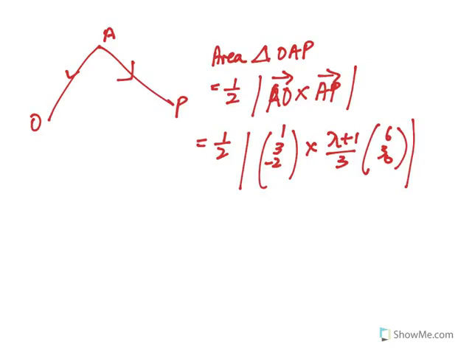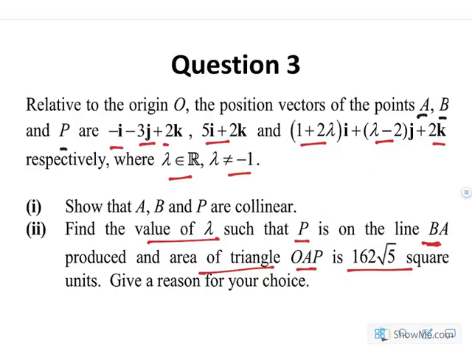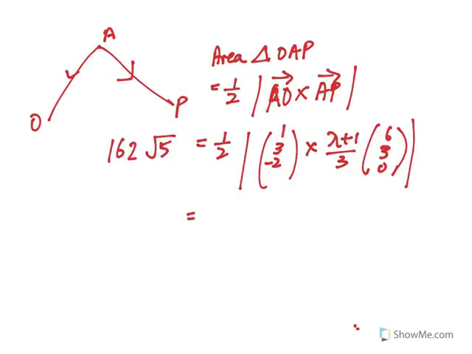So over here, what we do is we just plug it in. Let me rewrite this neatly. After that, we know that this has to be 162 square root 5, because the question says so, and we want to find the value of lambda. So the area of the triangle is 162 square root 5. From here, the scalar multiple we can pull outside, it doesn't matter.